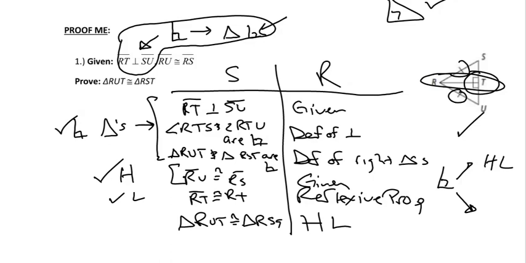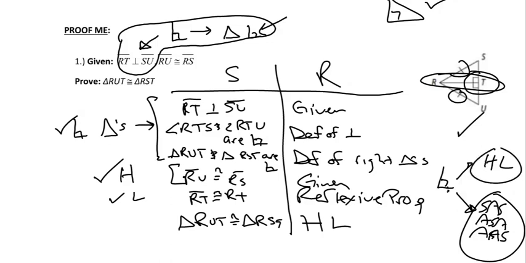For any other ones, if you're using right angles with SAS, ASA, AAS, you would say the angles are right, therefore they are congruent. Whereas with HL, we don't care that they're congruent. We want to use the right angle aspect to say that the triangles are right. All right, let's keep on cranking. Really, we have learned everything that we need to know from this section. The rest of this is just practice.